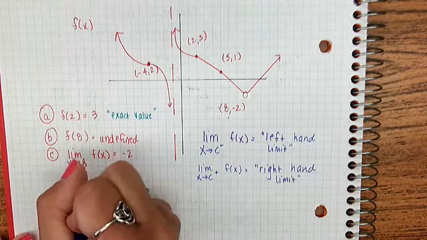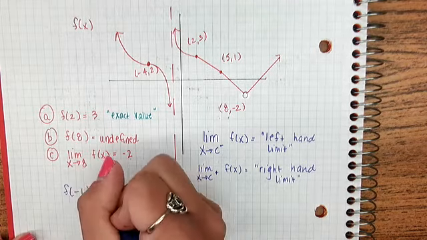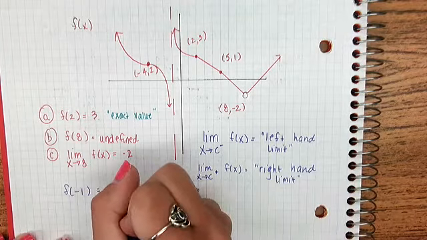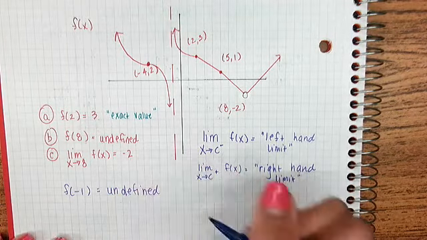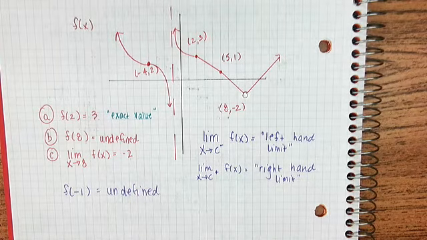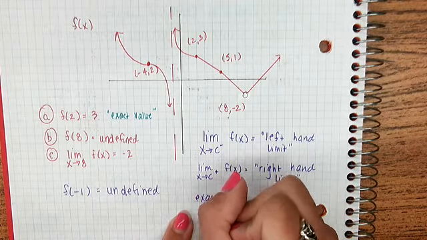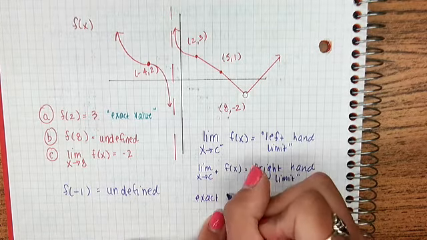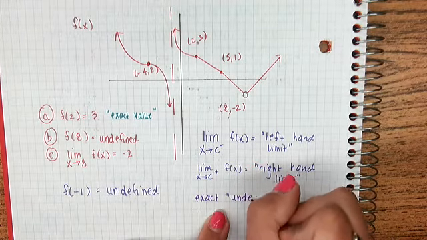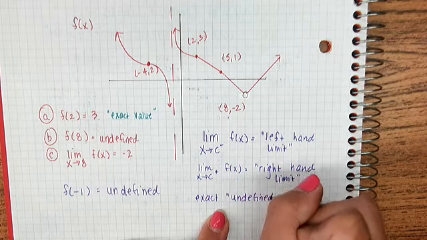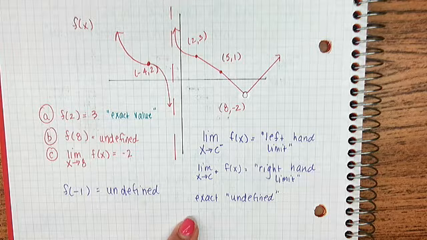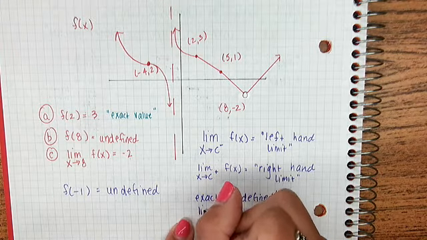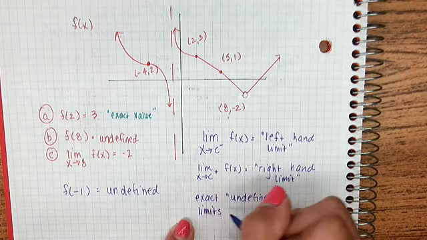So f of -1 is undefined. Exact values are undefined, limits don't exist. That's the proper language. Some people say no solution, but I'm not solving anything. So exact values, if it's a problem, are undefined, and limits don't exist.